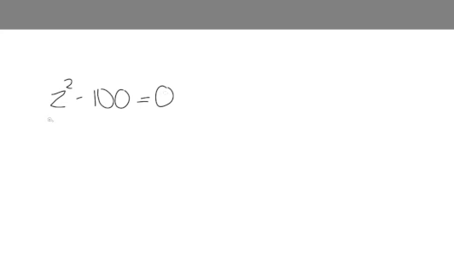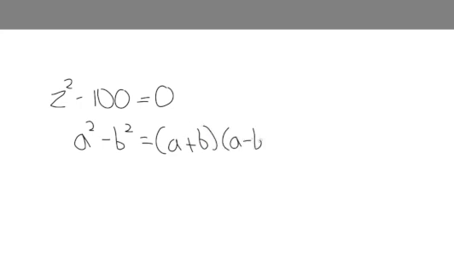Okay? And to factor this, we can use the principle known as difference of squares. So a squared minus b squared equals quantity a plus b times quantity a minus b.